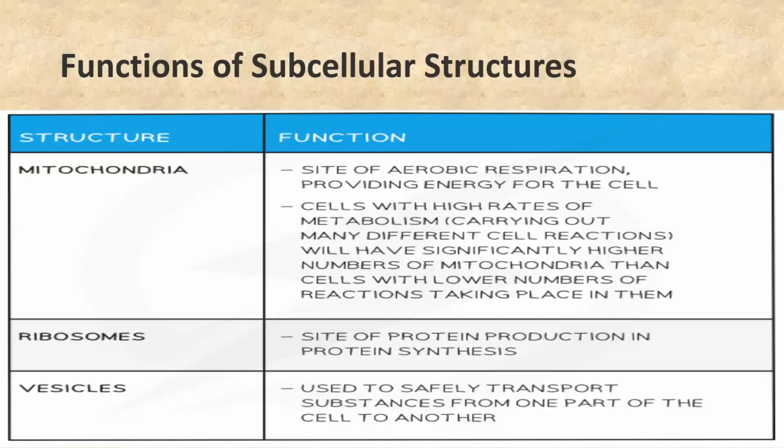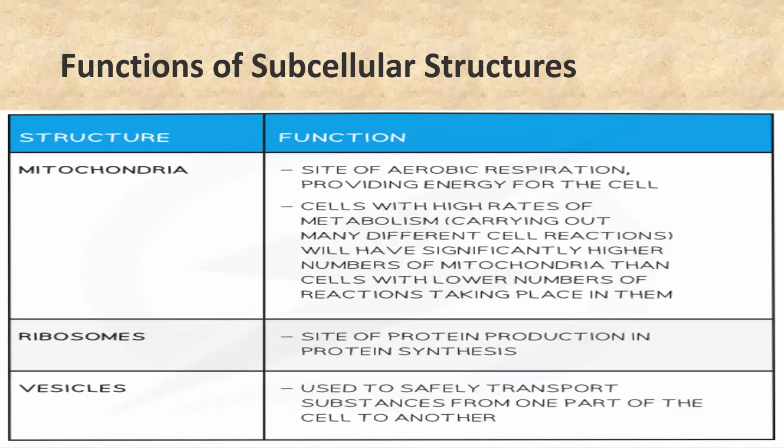And now the last thing for today is vesicles. Vesicles are used to safely transport substances from one part of the cell to another. For example, you are moving to another home. You are transporting your main things in the home to another one.